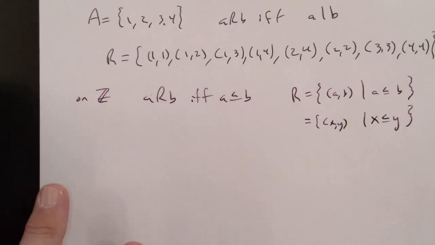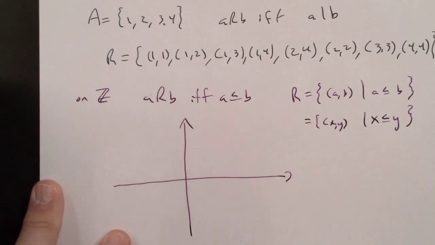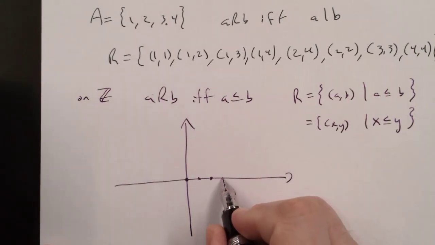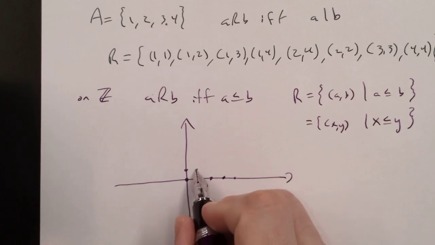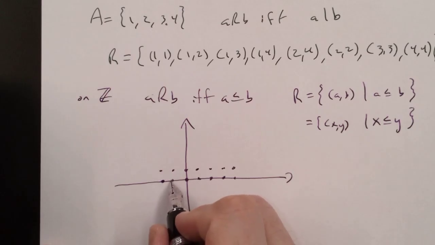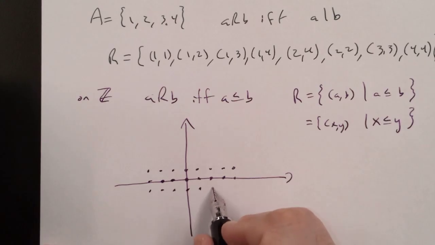Well, then I could actually think of what's going on here as a graph on the set of dots that have integer coordinates in the xy plane, right?